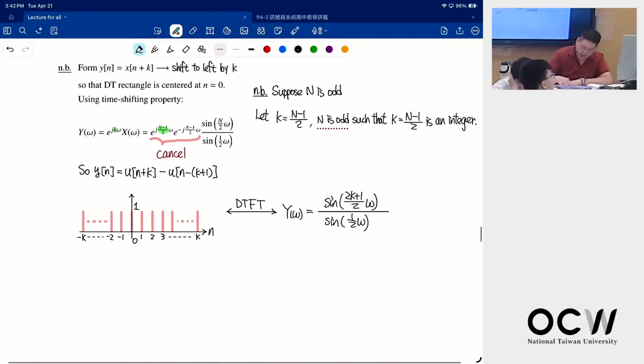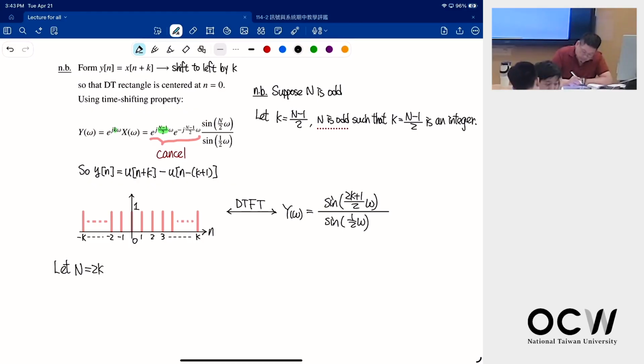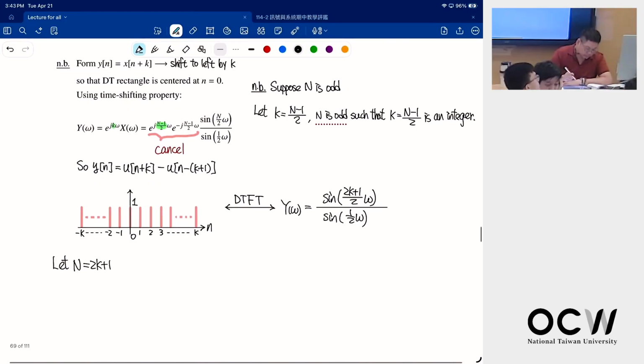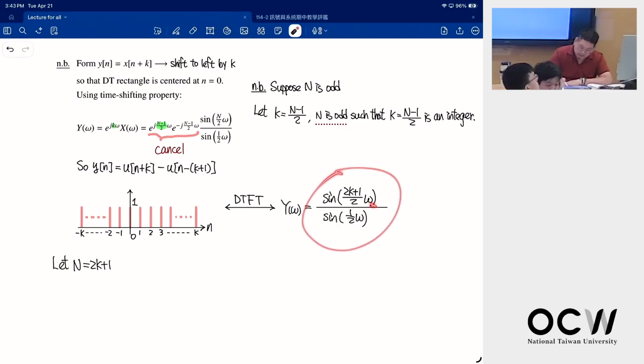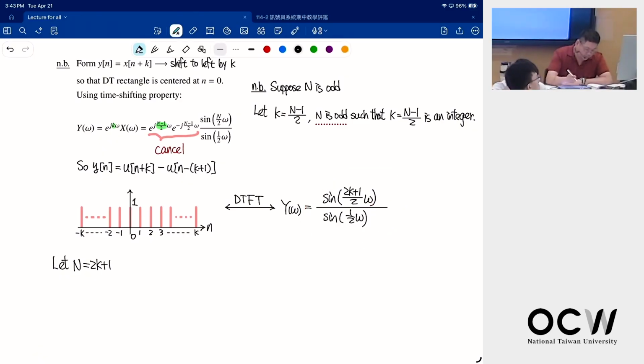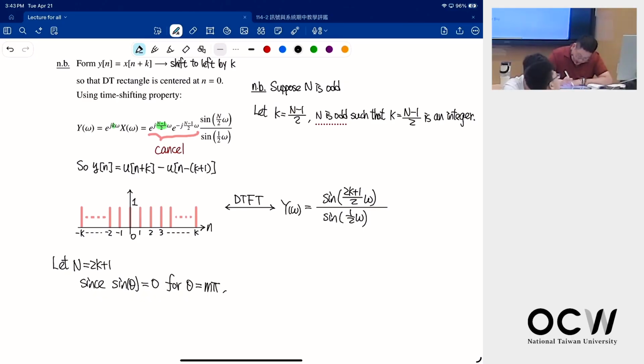Since k is n minus 1 divided by 2, that also means that n is 2k plus 1. Let's see this transform. Since sine theta is 0 when theta is m pi, m is an integer.